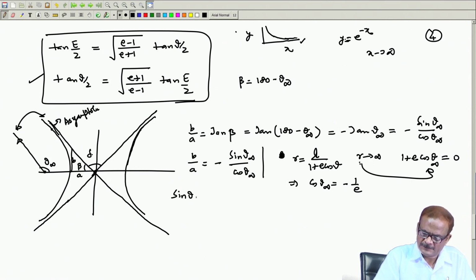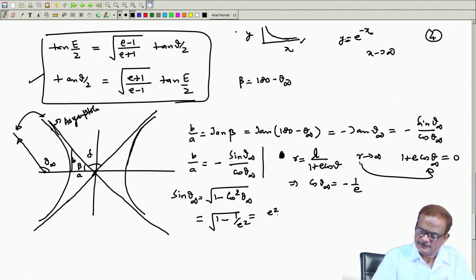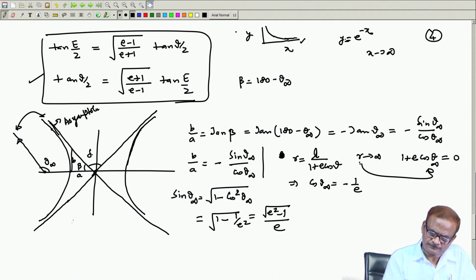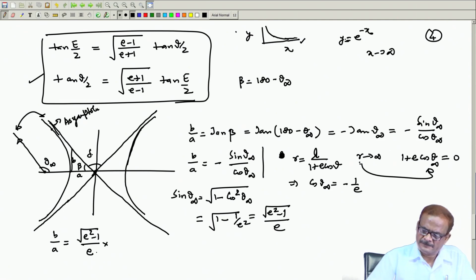Therefore, sin theta infinity becomes the square root of 1 minus cos squared theta infinity, or the square root of 1 minus 1 by e squared. So b by a can be written as sin theta, which is the square root of e squared minus 1, divided by e, and then cos theta infinity, which is minus 1 by e.